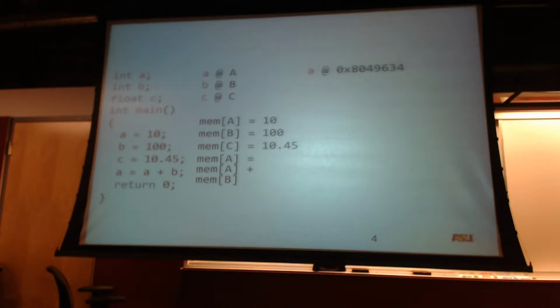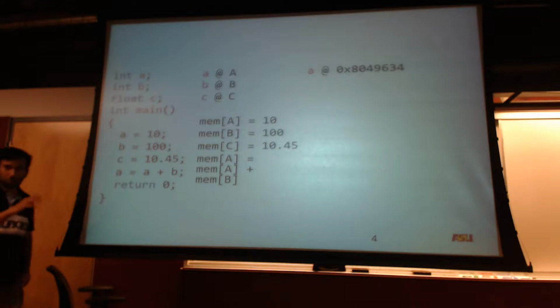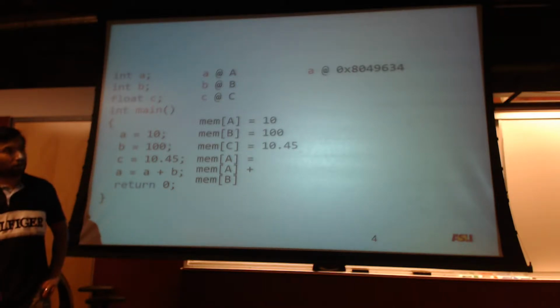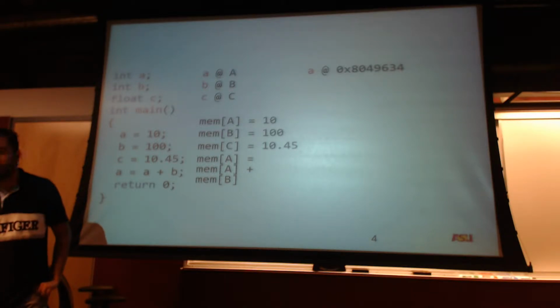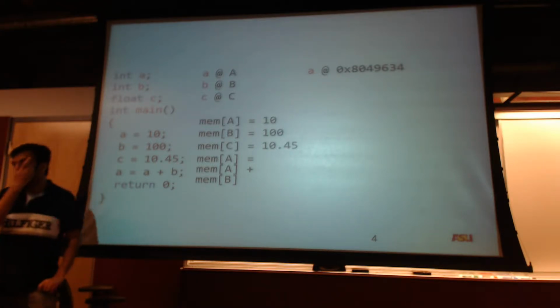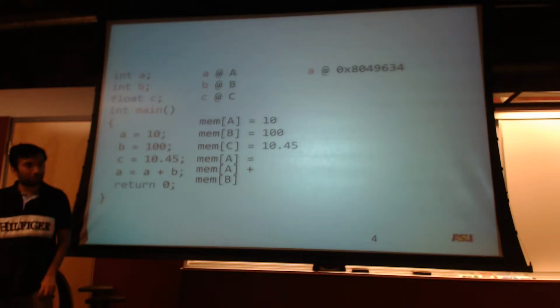So whenever we write this code, we compiled it in one of our machines in the Intel lab, and I could extract the memory addresses. So whenever you have int A, you go to that memory address. Now that is a memory address in the RAM. Is that the stack? Is that memory for the program? We don't know yet.